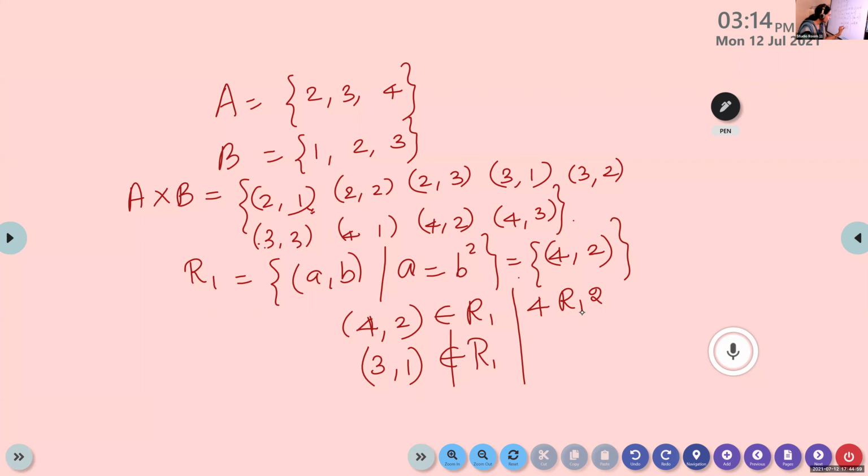Here (3, 1) does not belong to R1. Therefore, 3 is not related to 1 under the relation R1.